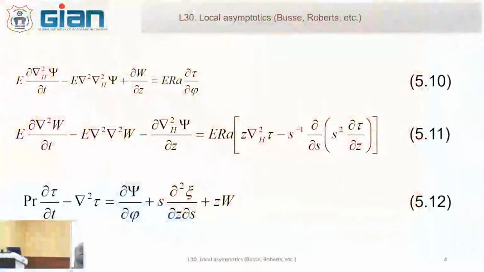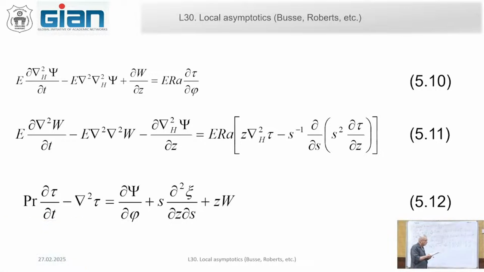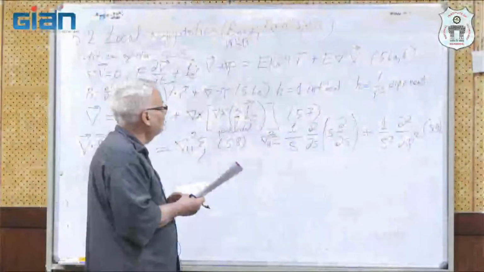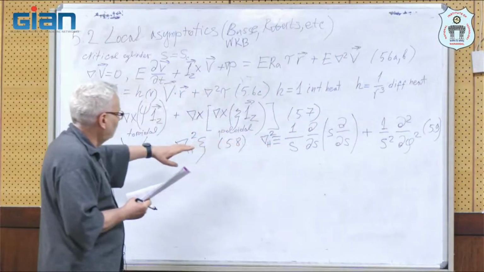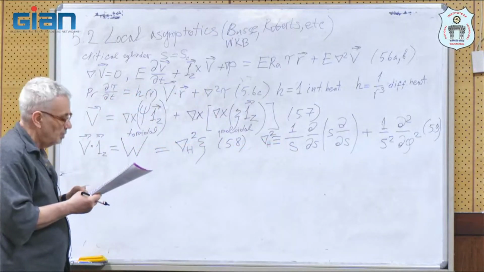Okay, we already passed that. So now we use 5.6b and insert all this representation into this equation.